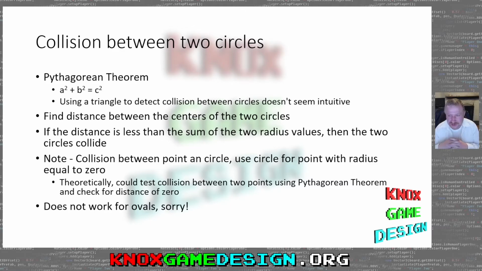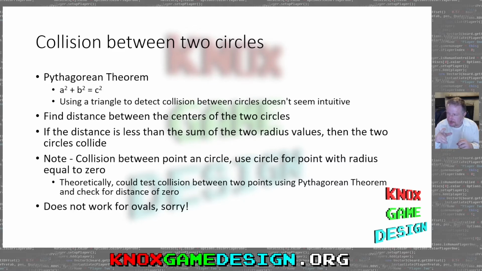So basically, we're taking the centers. You've got to know the centers of the two circles and the radius of the circle. The radius is basically the distance between the center of the circle and the outside of the circle itself. Think of it as a pin with a string attached to that pin, and then you draw all the way around.